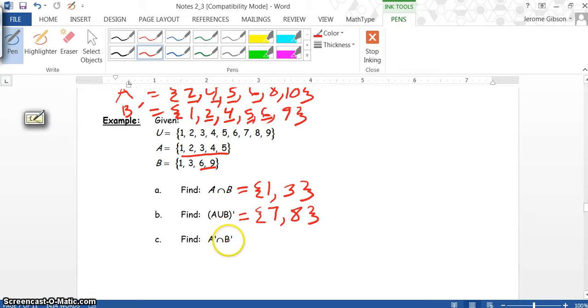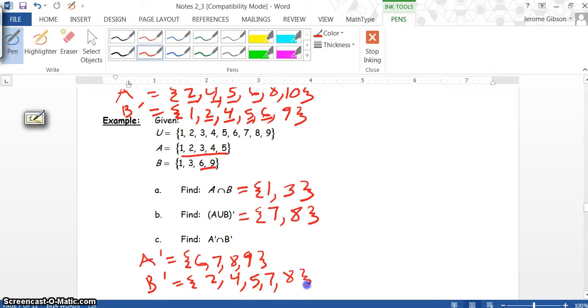Now we have A complement intersect B complement. Now we look here at the A complement. A complement would be 6, 7, 8, 9. The B complement would be 2, 4, 5, 7, and 8.